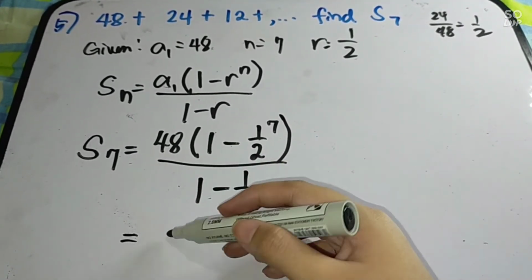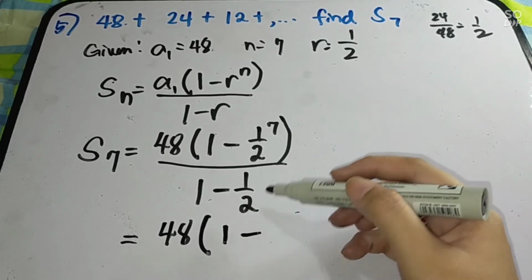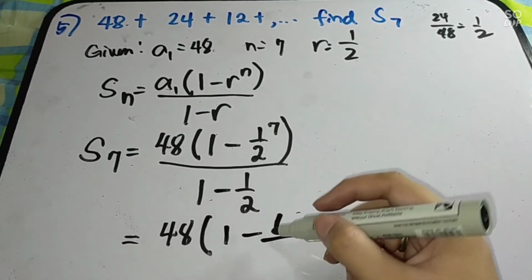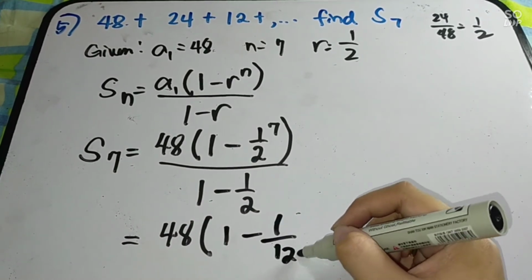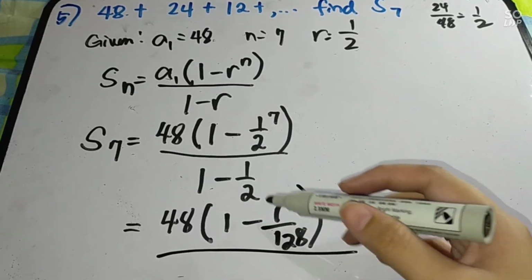Then, simplify, 48 multiplied by 1 minus 1 raised to 7 is 1 over 2 raised to 7, that is 128. Then, over, find the LCD.